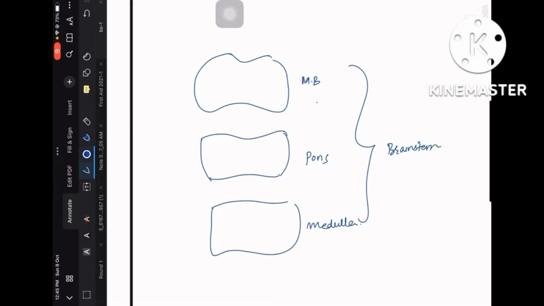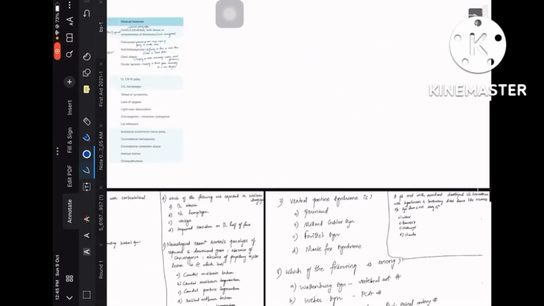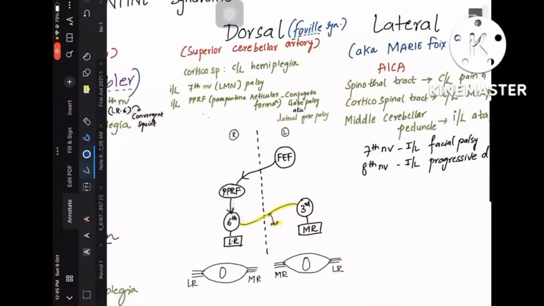In these three, you have a few structures which lie in the midline and a few structures which lie laterally, that is sideways. In the midline structures, all M's come, and in the lateral structures, it is all S's. Let me show you what all those M's and S's are.